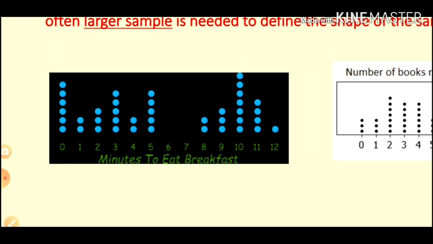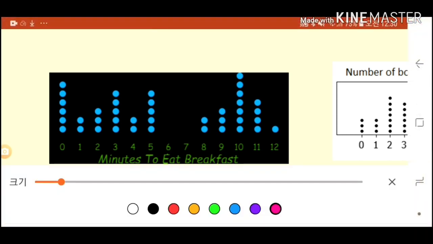However, if this person surveyed 100 or 200 people, he'll get more data and end up having more dots, something like this, and maybe some more dots here.